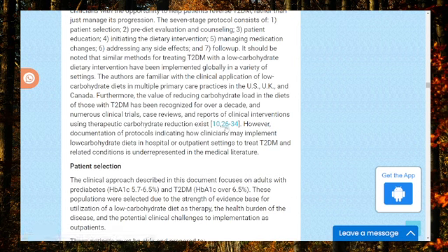Reference 10:26-34. However, documentation of protocols indicating how clinicians may implement low-carbohydrate diets in hospital or outpatient settings to treat T2DM and related conditions is underrepresented in the medical literature.